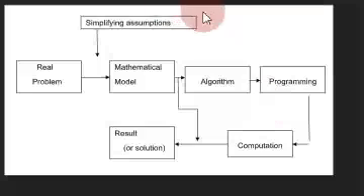We don't find analytical solutions in this course. All the time we find approximate solutions.